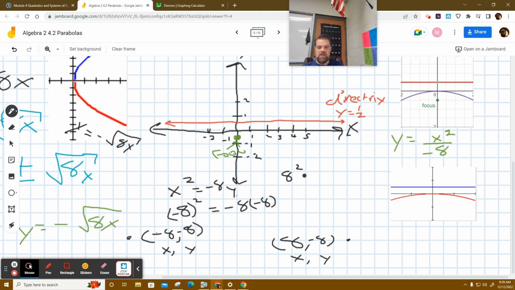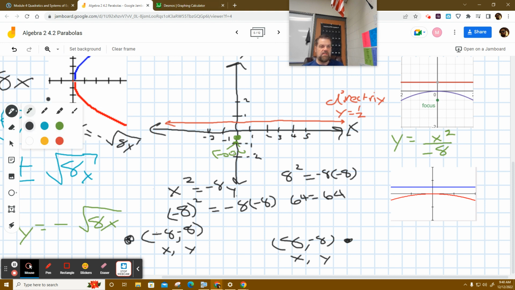If I say 8 squared equals -8 times -8, they both equal 64. So we know that that works, right? Now you could plug in 1 and 2, but I just wanted to show you a quick, easy way, because when you take the SAT, you only got about a minute per question.